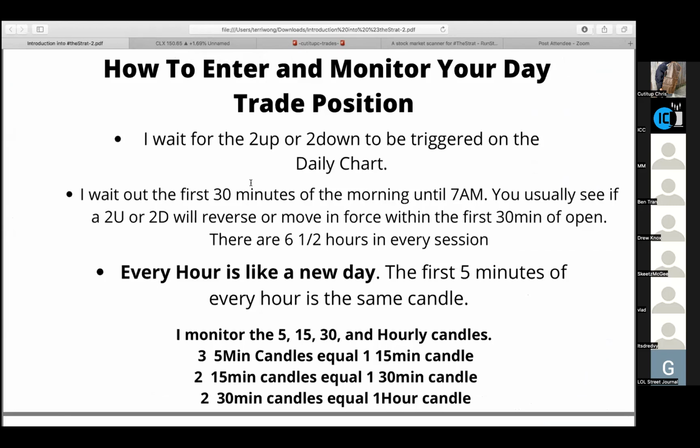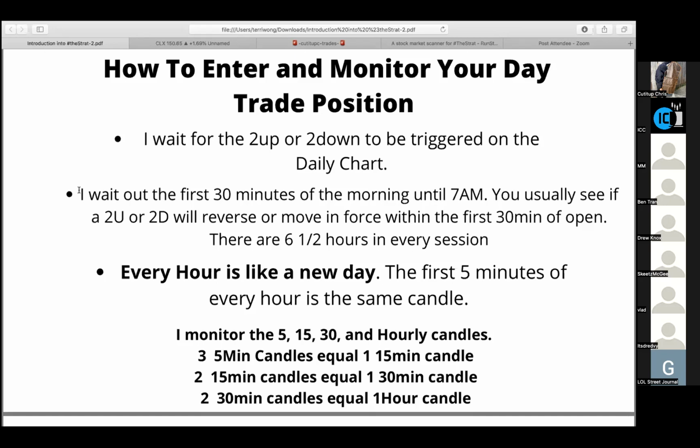So say we do get a 2 up or 2 down in the first 30 minutes of the day. I'm waiting out the first 30 minutes of the morning until 7 a.m. This is for day trading, all right? Market opens at 6:30 a.m. Pacific Standard Time.